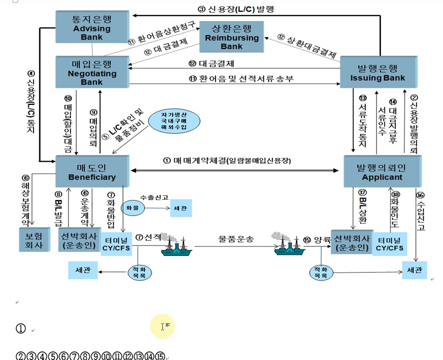Usually the two parties do not have any credit with each other because they have no previous relationship.